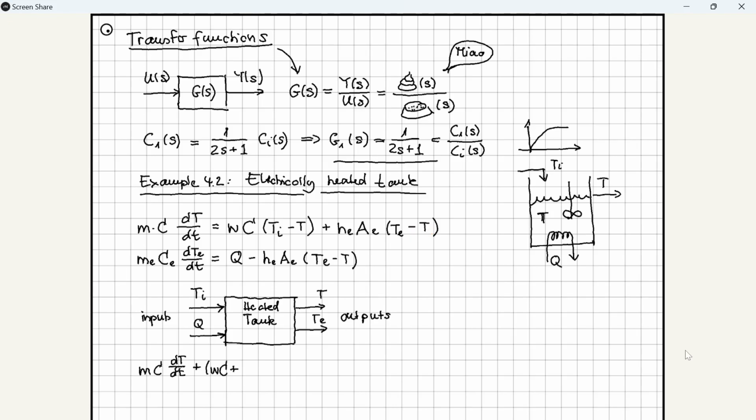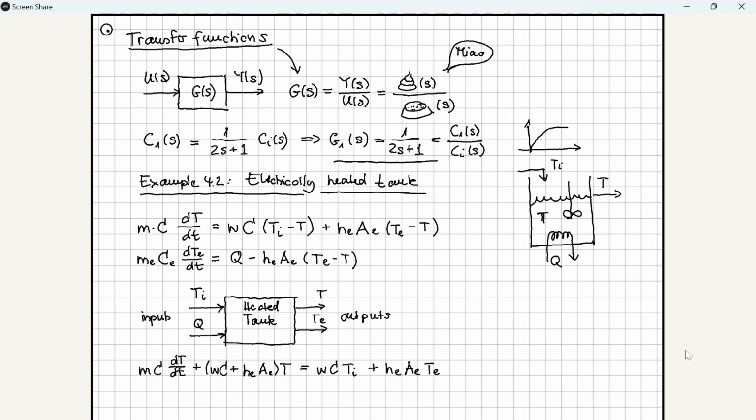So we have plus HE times AE times the temperature. And then the inputs on the other side are WC times the inflow temperature. And this is also an output temperature, so we have here HE times AE times TE. We're not going to let it stand like this. For now, we're putting this, our second output variable, on the right-hand side.